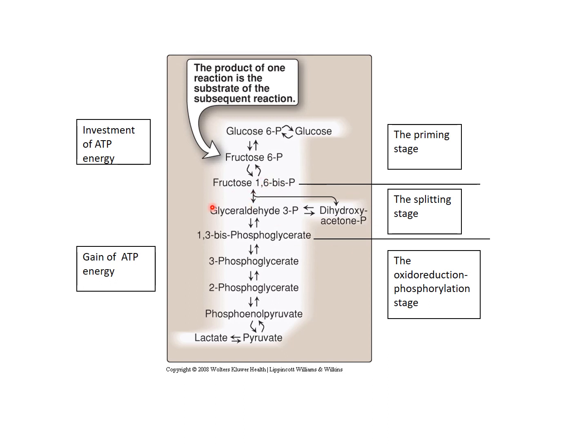Then we have the so-called splitting stage, when we have the original glucose with 6 carbons and we end up with 2 3-carbon phosphates as intermediates. And then the last stage is the so-called oxidoreduction phosphorylation stage, when we actually gain those 2 ATPs that glycolysis can supply.